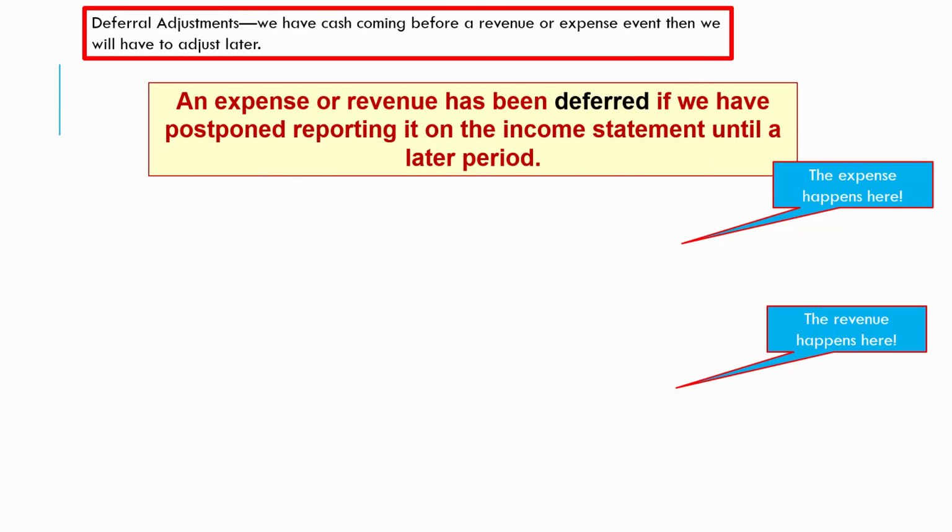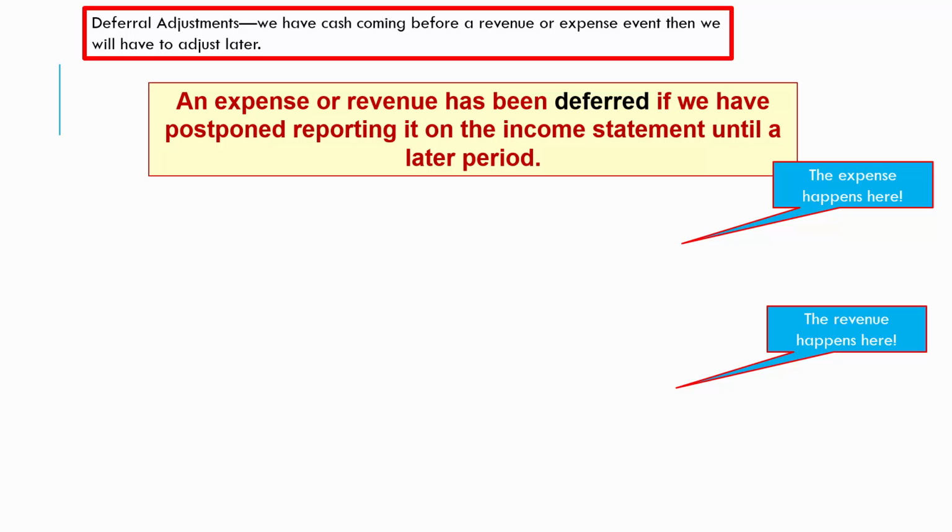Now, if you do have cash coming in before a revenue or expense item, then you are going to have to record the cash because the cash comes in, and you are going to what we call defer a revenue or expense. So an expense or revenue has been deferred if we postpone.